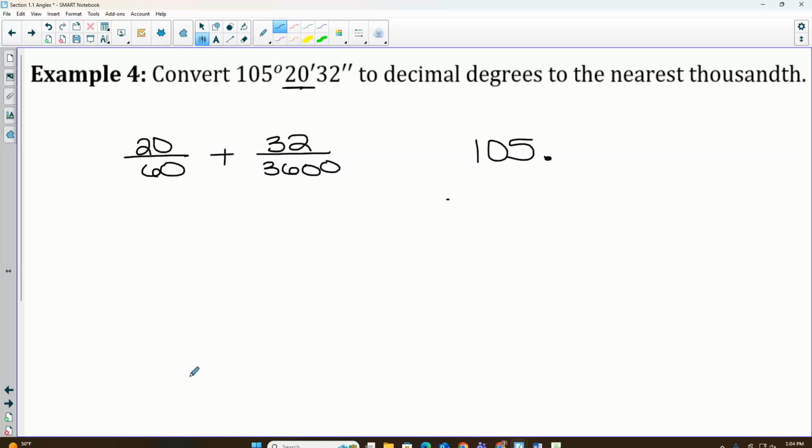We're just going to add those together. So you can type it all in at once, that way you don't have any rounding error. So I'm just going to type 20 over 60 plus 32 over 3,600. I said thousandth, so 3 decimal places. So I get 105 point.